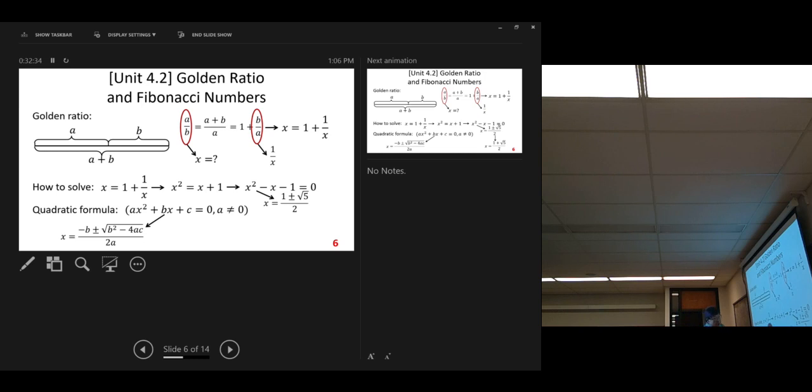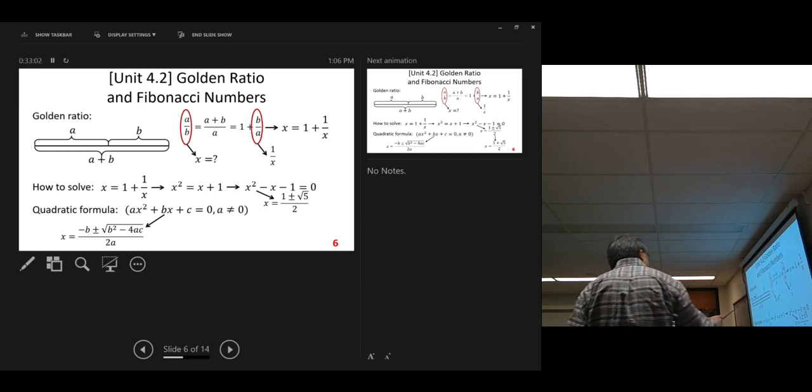But if we use the second solution, 1 minus square root of 5, it's a negative number, right? Can the ratio be a negative number? No. So we should drop the negative solution, because from our original problem, the ratio should be a positive number.